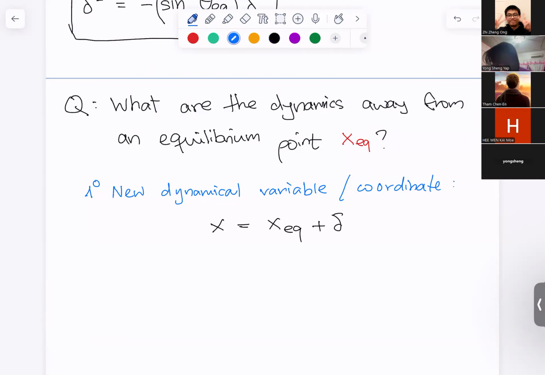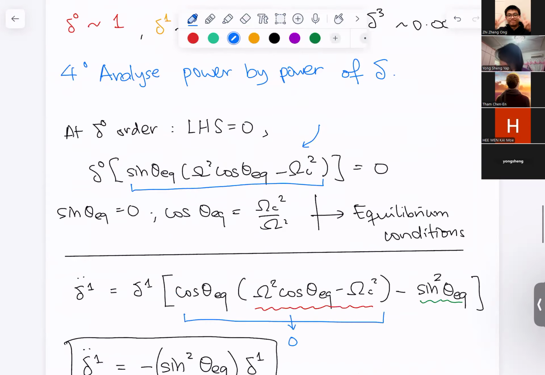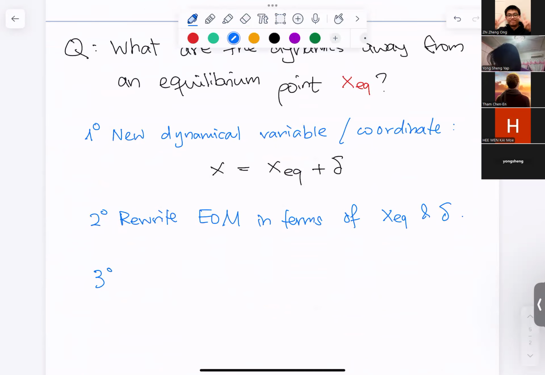The second thing to do is rewrite the equation of motion in terms of xeq and delta. Oh, I think this was the fourth thing actually, because the third thing to do is to linearize, or basically keep powers of delta to the 0, delta to the 1.